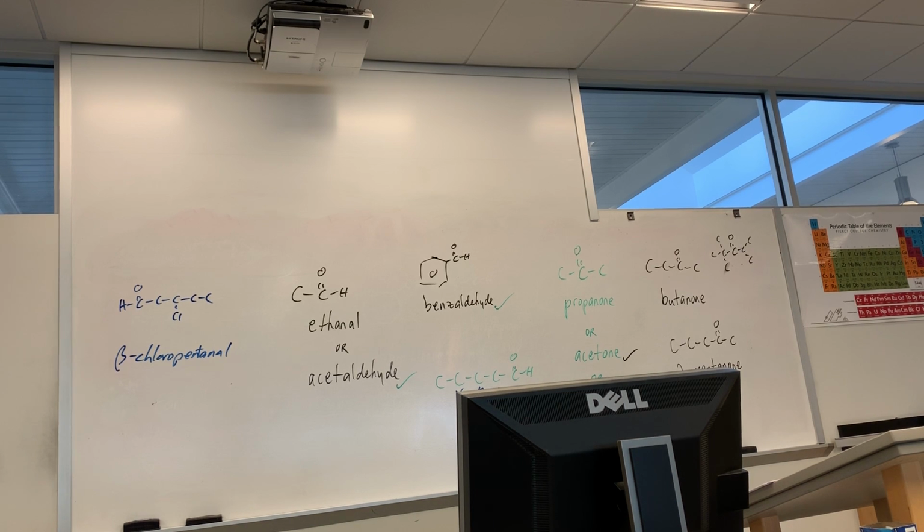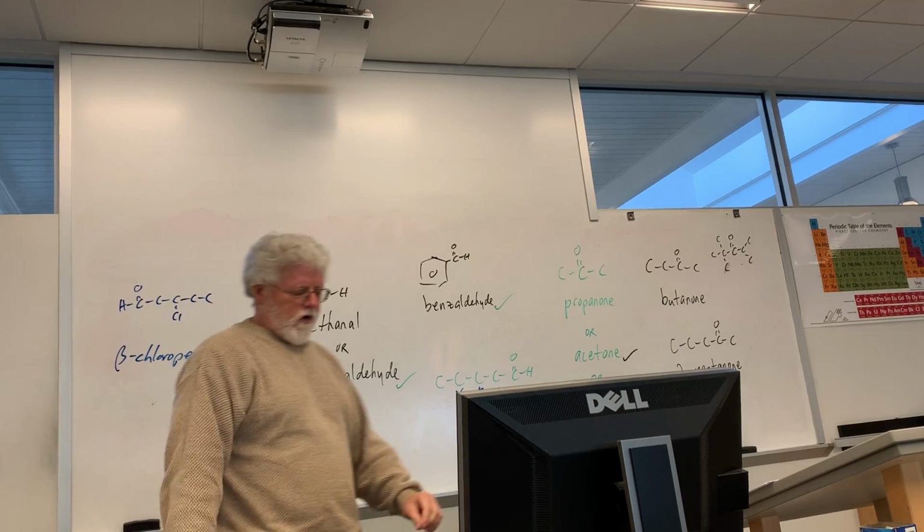And the alpha beta stuff is probably used more frequently, not so much in formal nomenclature, but in just talking about a compound. Chemists would be talking to each other and they'd say, in this compound, the chlorine is beta to the carbonyl. Just as a way of describing where the chlorine is. Very, very commonly done.